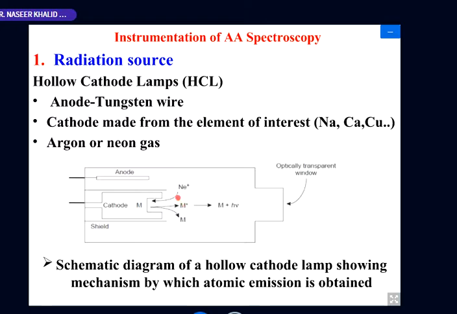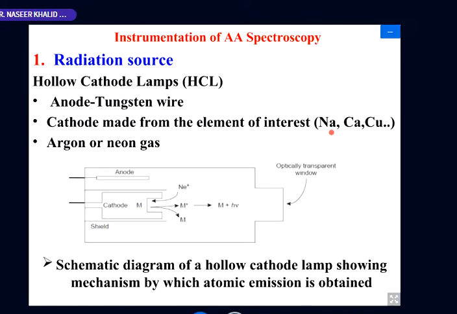Absorption and emission are the same phenomenon. We will discuss how the radiations are absorbed by atoms and molecules in UV-visible and IR spectroscopy. So this is a special type of source.